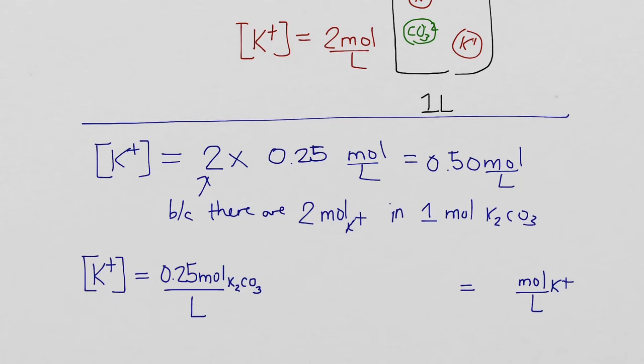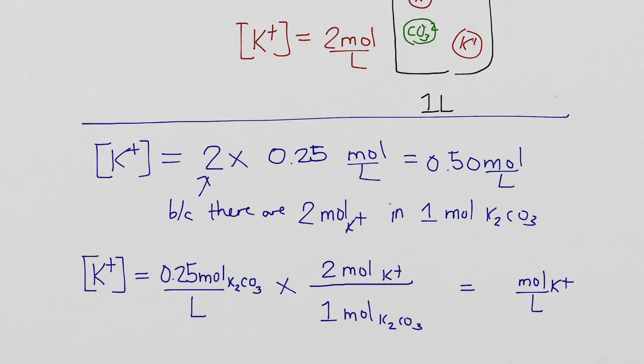So somewhere in here, we have to make the conversion from K2CO3 to K+. You can actually use what we learned in Unit 3, the last unit, and ignore the liters for now. In every mole of K2CO3, there are 2 moles of potassium ions. So the relation is 2 moles of potassium ions in every mole of K2CO3.